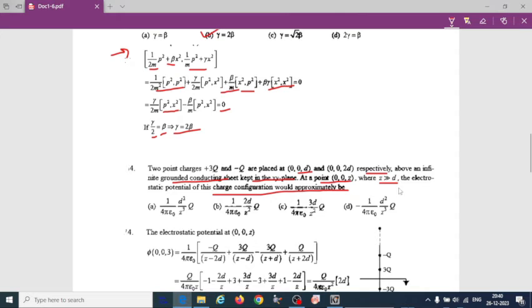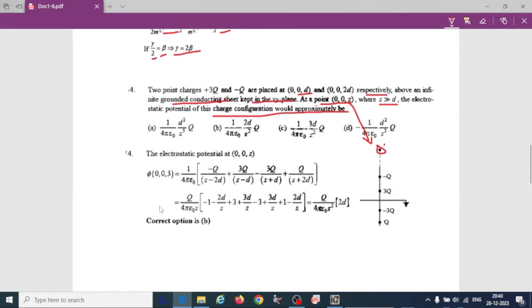So we have to find out the electrostatic potential at a given point 0, 0 comma z. So we have to find out the potential here. So what is the equation for potential? And at z they have given.